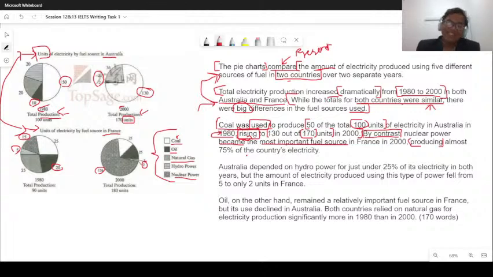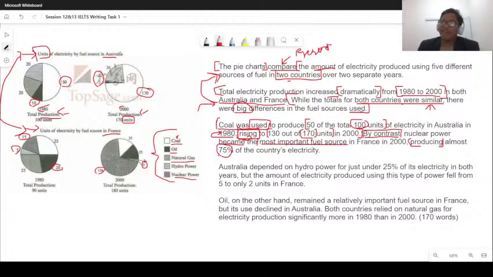That is the presentation of the data. For the first sentence, it is the number of units out of the total, a generic expression. But the second one, producing almost 75%, uses a fraction.